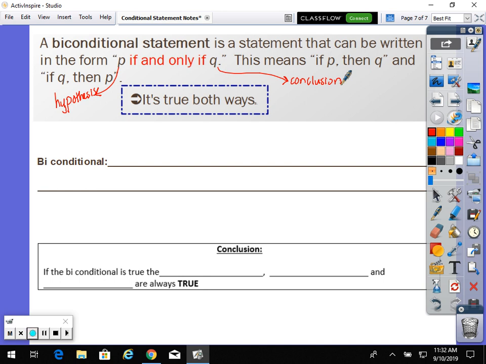So we're going to write the biconditional, and I'm going to use probably black and red to write this, not all of my colors.